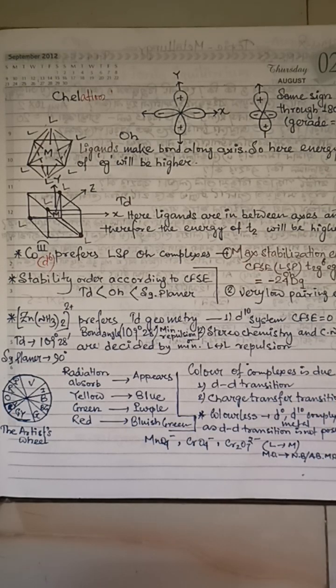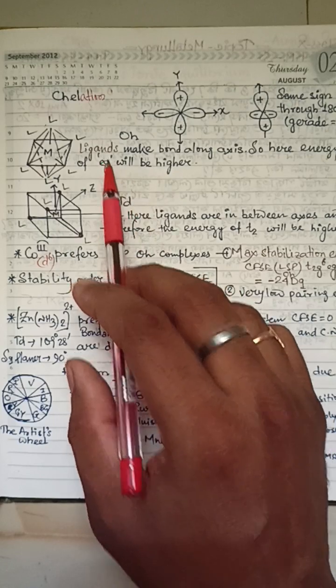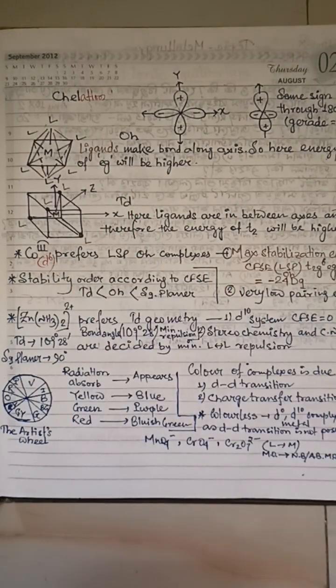So t2g and eg. In the octahedral field, six ligands approach along the axis, so the energy of the eg set will be higher, as it feels greater repulsion. t2g becomes more stable, having lower energy.